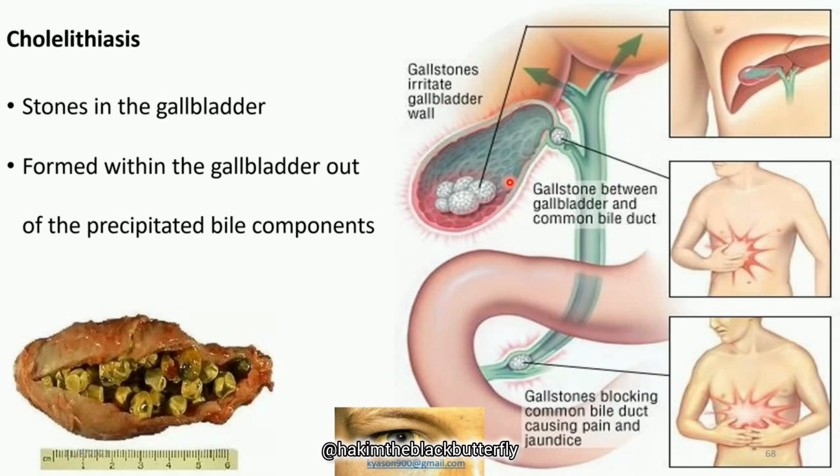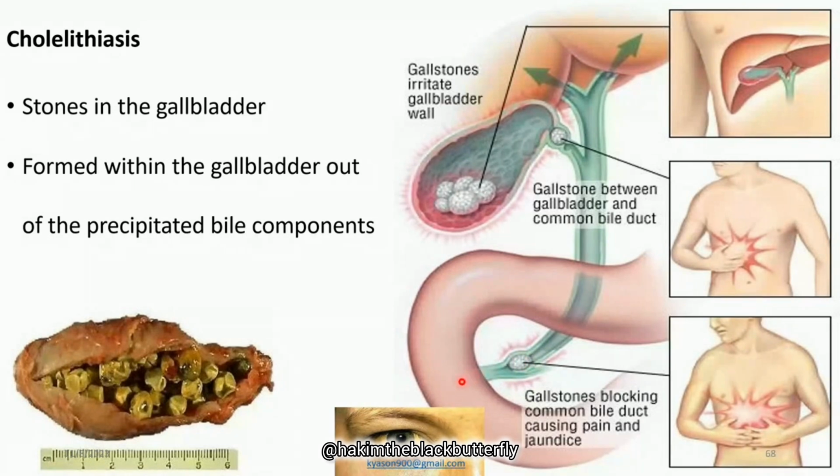Then we also said there's a possibility of these stones plugging the neck around the area of the Hartmann's pouch, and it's also possible for the stones to plug almost at the major duodenal papilla to block the entry of this bile into the duodenum. All those are possibilities.